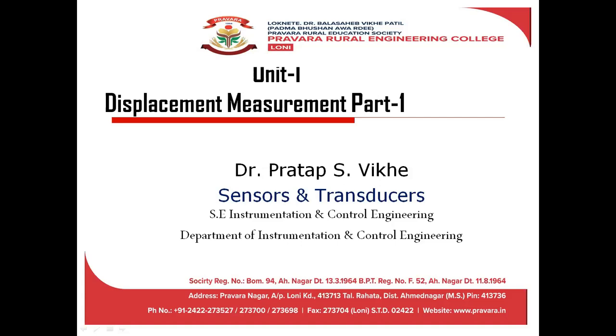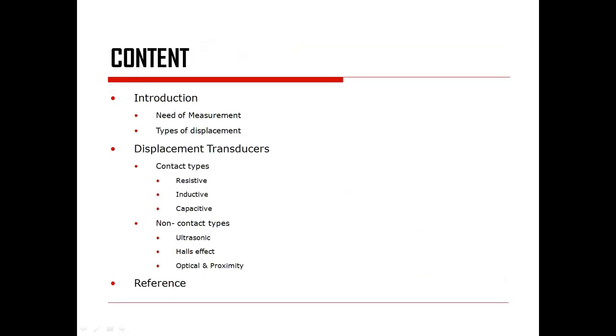Now, the first part of displacement measurement: the contents that we are going to study are the introduction of displacement, that is, the need of measurement, types of displacement, then displacement transducers. Again, these are classified into two types.